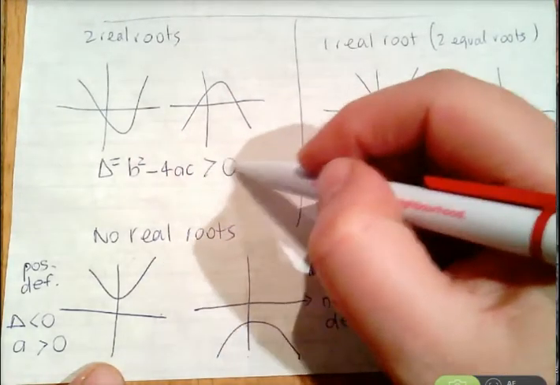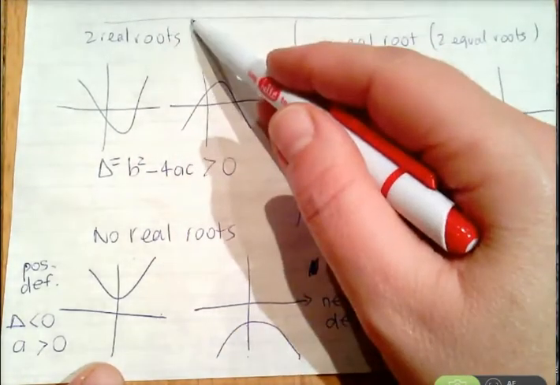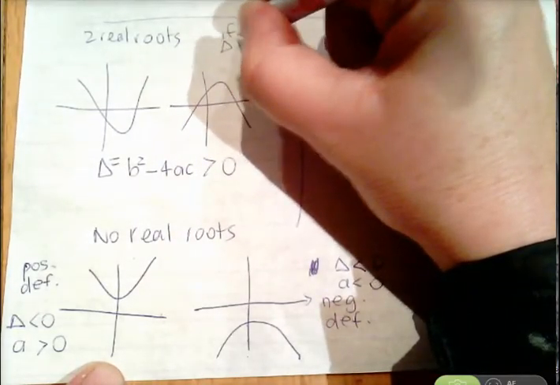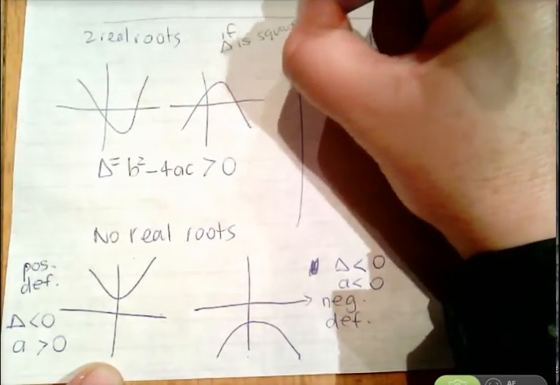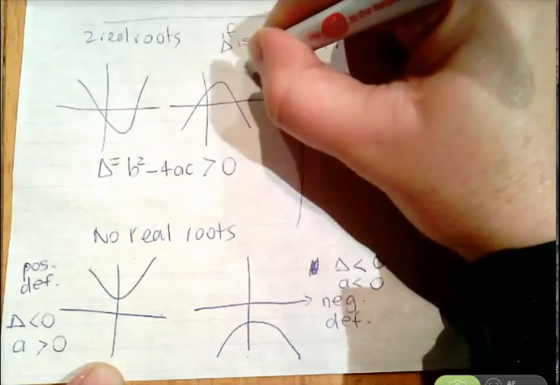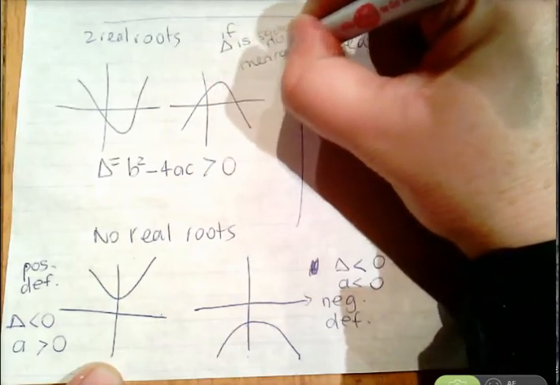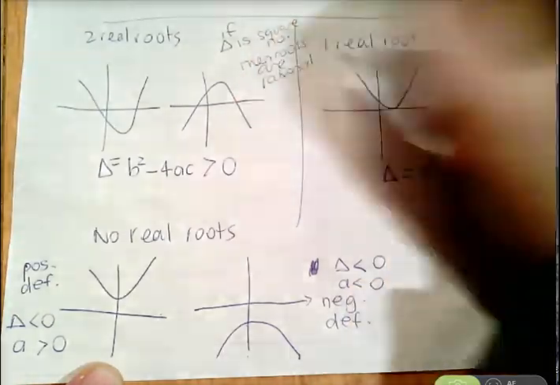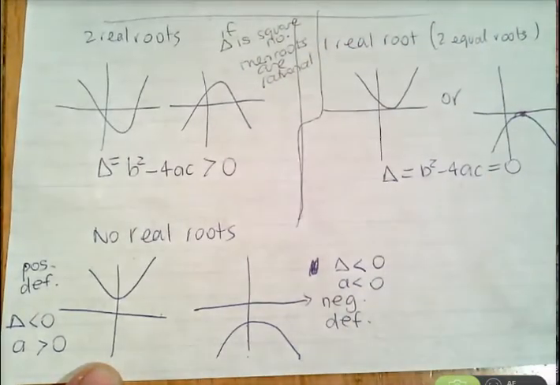So if discriminant is greater than 0, we've got 2 real roots, but also if the discriminant is a square number, then the roots are rational as well. Okay, now I think I discussed that in the last video.